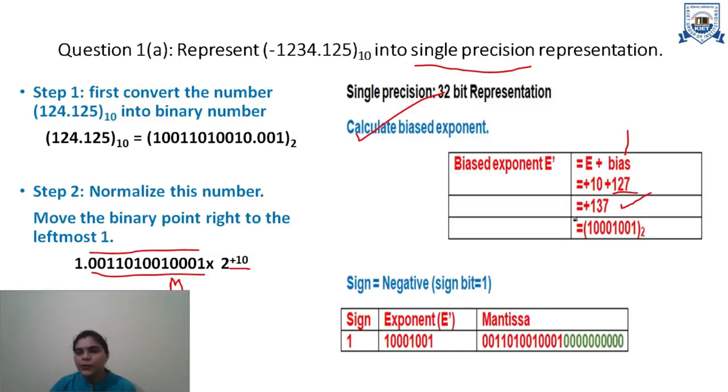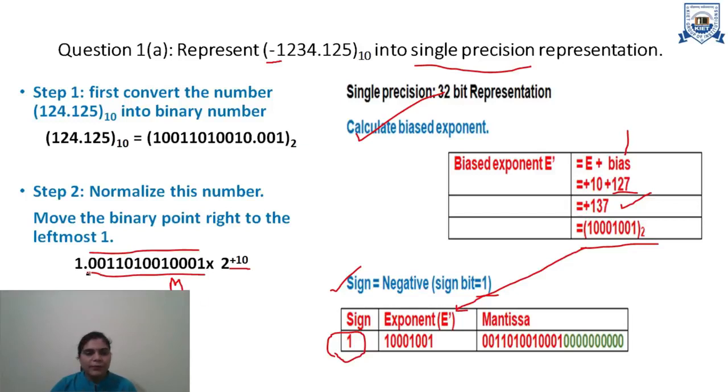Now we will convert this number into binary. As you can see here, the number is a negative number, so the sign bit will be 1 to represent a negative number. We will copy this biased exponent here, as we have calculated it.